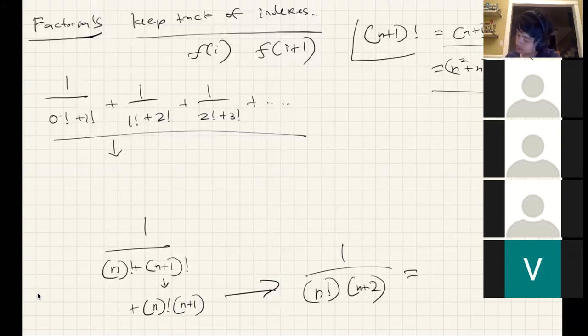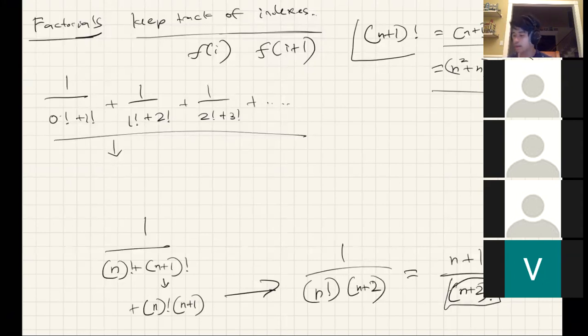This becomes n plus 2 factorial with n plus 1 at the top, okay? So now we've represented our denominator in a much better way, because instead of being the sum of two terms that we don't really know how to work with, it's now the product of a bunch of terms. We just have a factorial in the denominator.